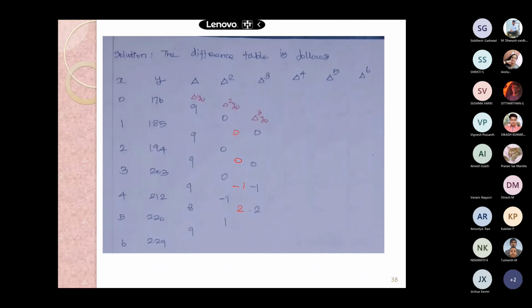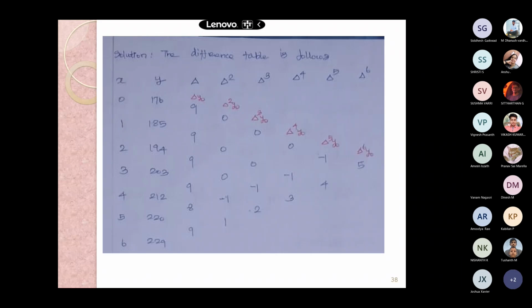Then this is the third difference. Again continue the iteration: 0 minus 1 is minus 1, then 2 minus of minus 1 is 3, and then 3 minus of minus 1 is 4.